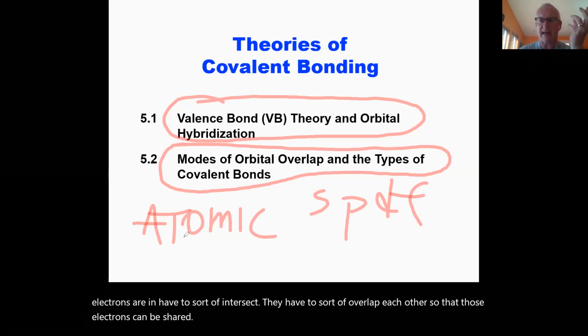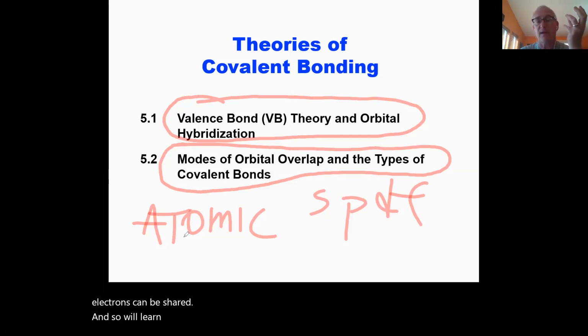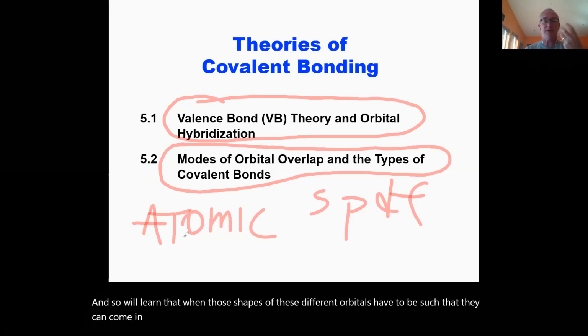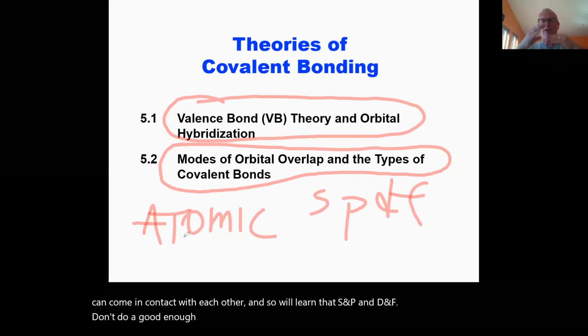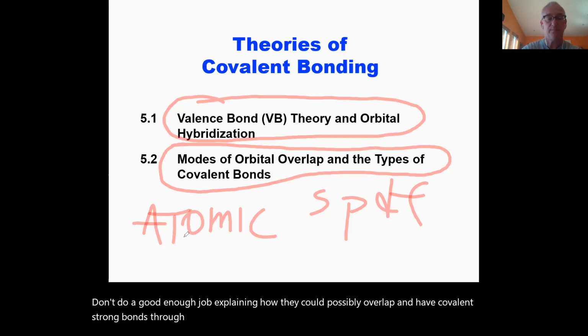And so we'll learn that the shapes of these different orbitals have to be such that they can come in contact with each other. And so we'll learn that S and P and D and F don't do a good enough job explaining how they could possibly overlap and have covalent strong bonds through shared electrons that would allow that to take place.